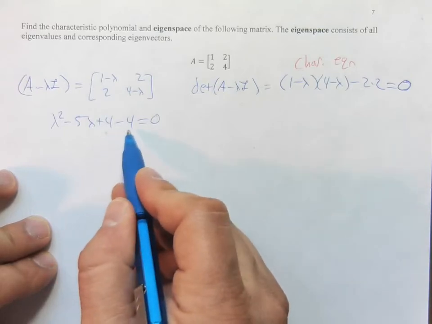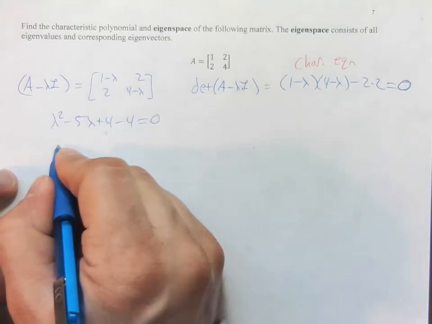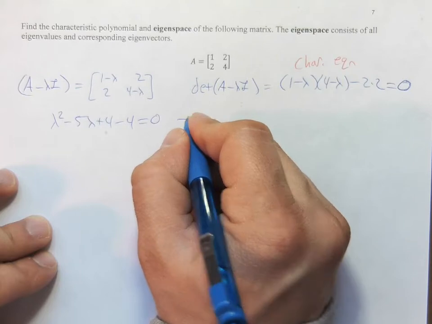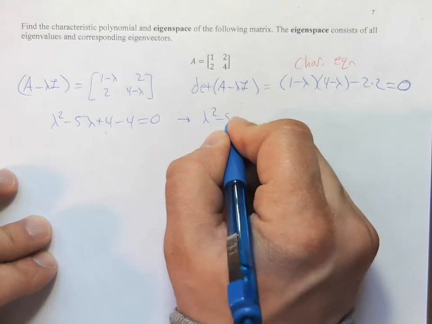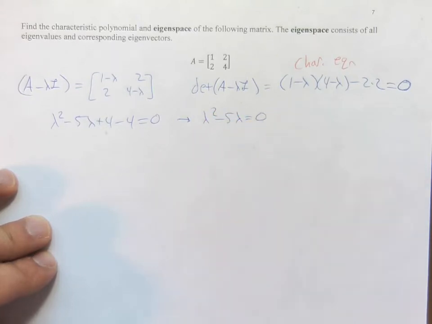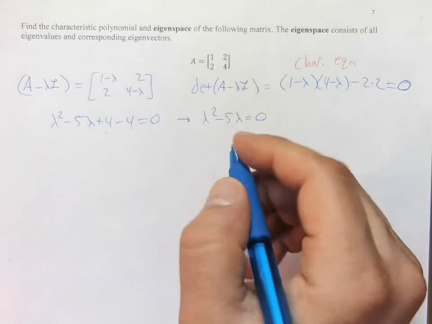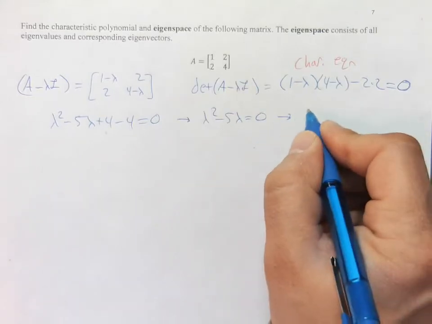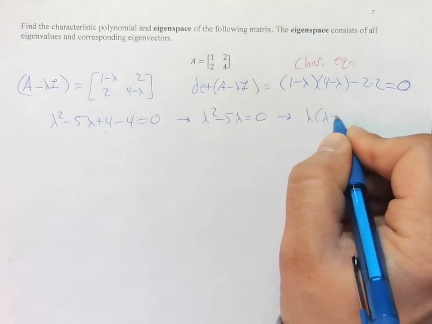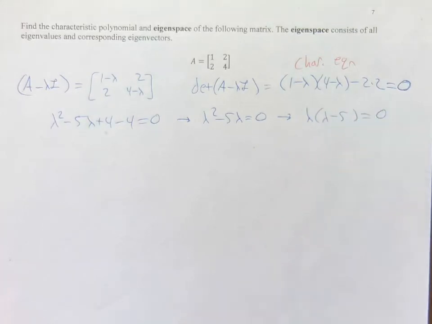And so the 4's cancel. And so we just have lambda squared minus 5 lambda equals 0. And so this is easy enough to solve without the quadratic formula, right? We can just factor out a lambda to get this, and then we can just see that lambda is 0 and 5.